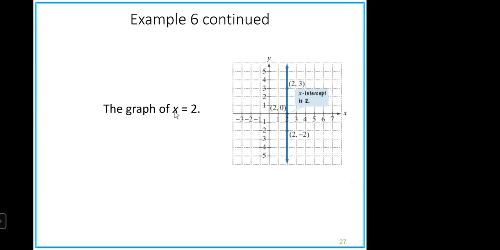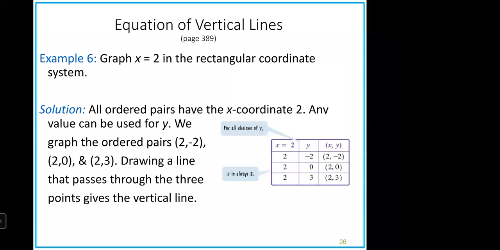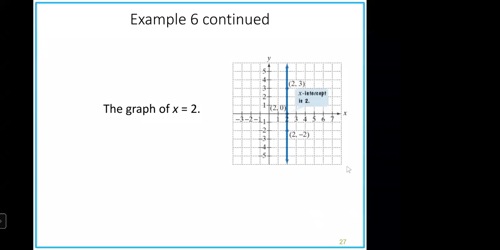So the graph of x equals 2, you don't necessarily need to do this table for it. Once you understand that any graph of an equation that says x equals some value is going to give you a vertical line that's going to pass through that value on the x-axis.